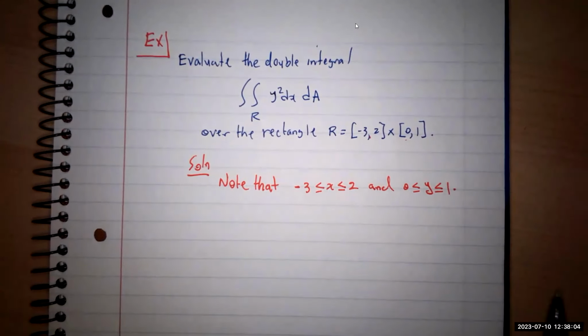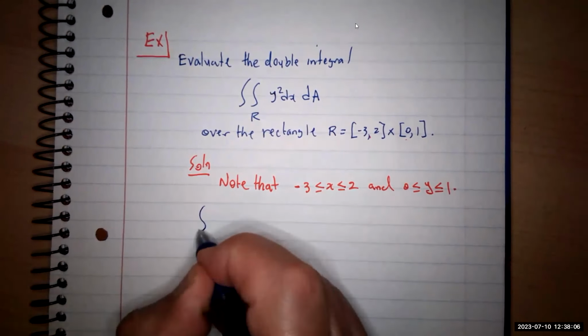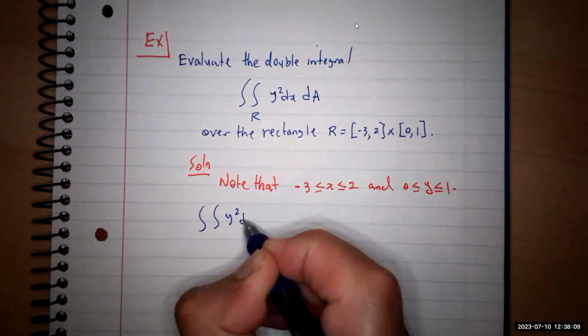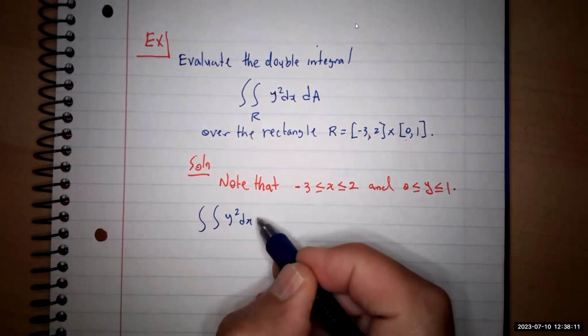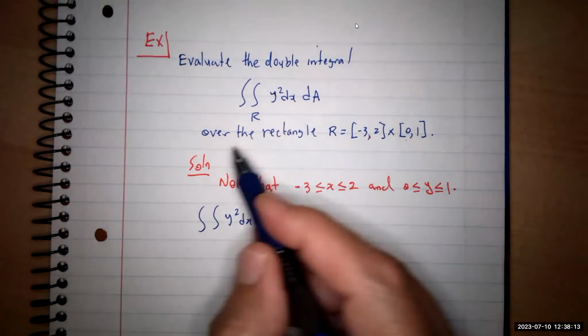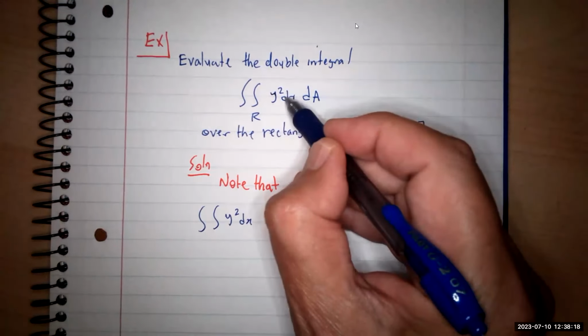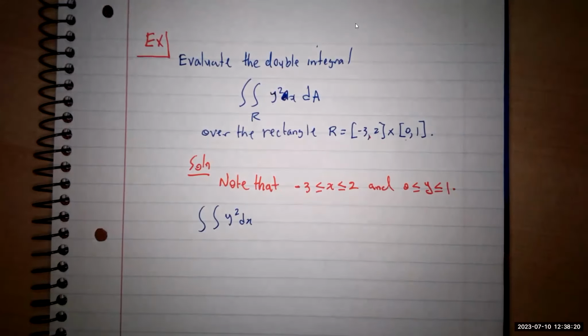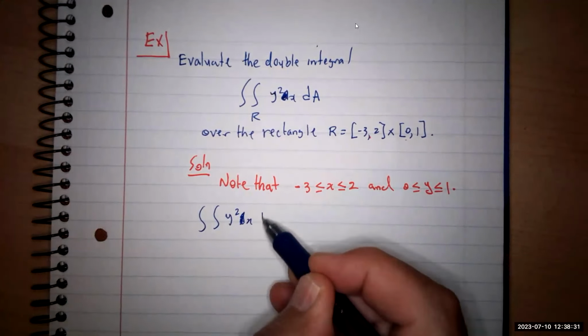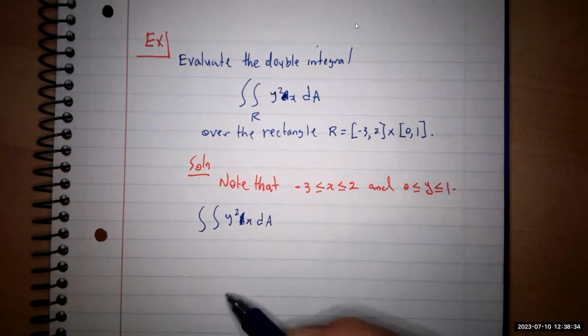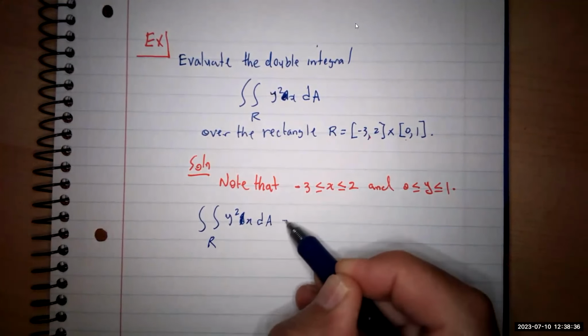So write the definition: double integral of y squared dx. Oh, I'm sorry, that's x. I made a mistake here. It is y squared x. So it's y squared x dA over R is equal to the double integral.